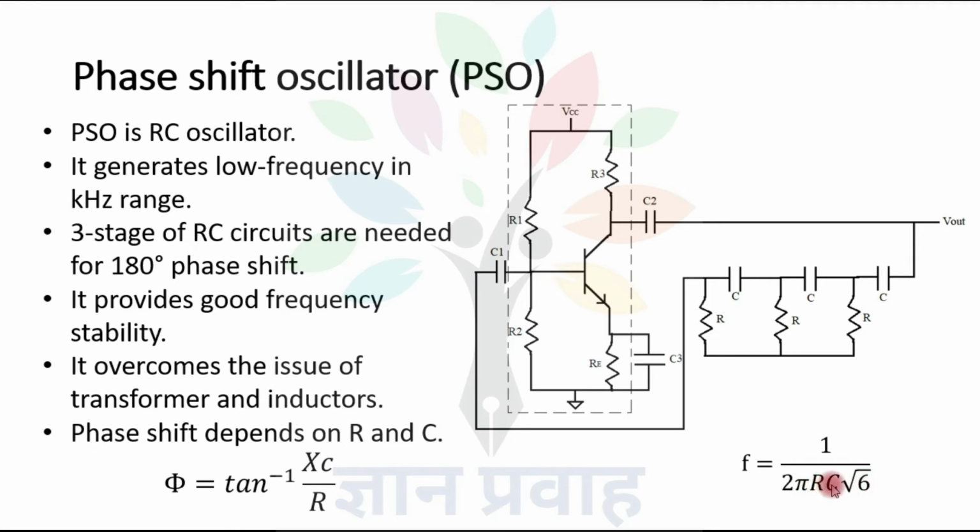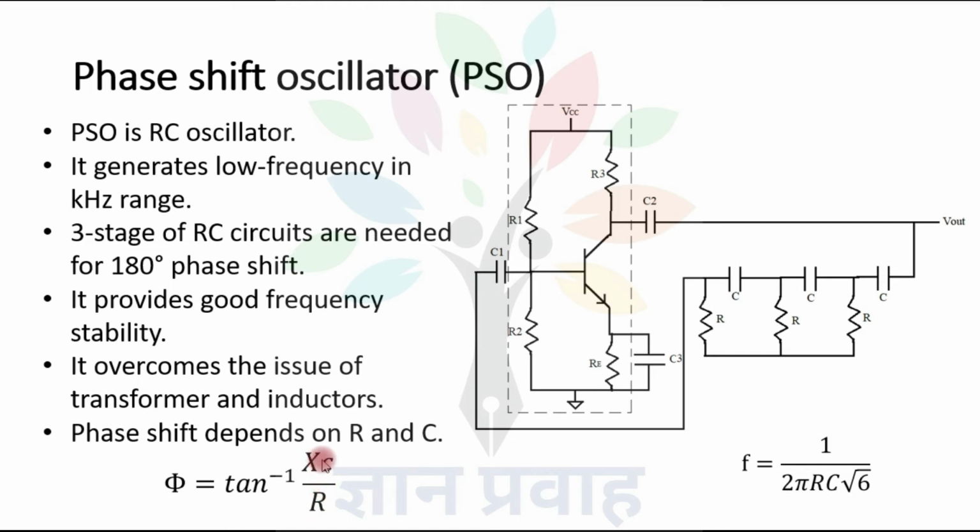R and C are the components which are used inside this feedback circuit, and here we are using the same values of R and C for all the stages. The phase shift of an RC circuit depends on the parameters R and C, and it is always equal to phi, that is tan inverse of XC upon R.